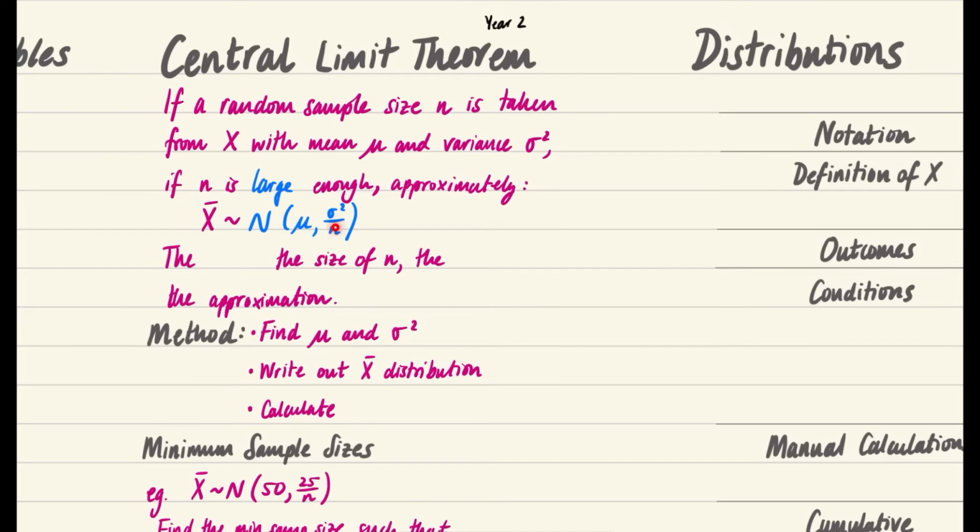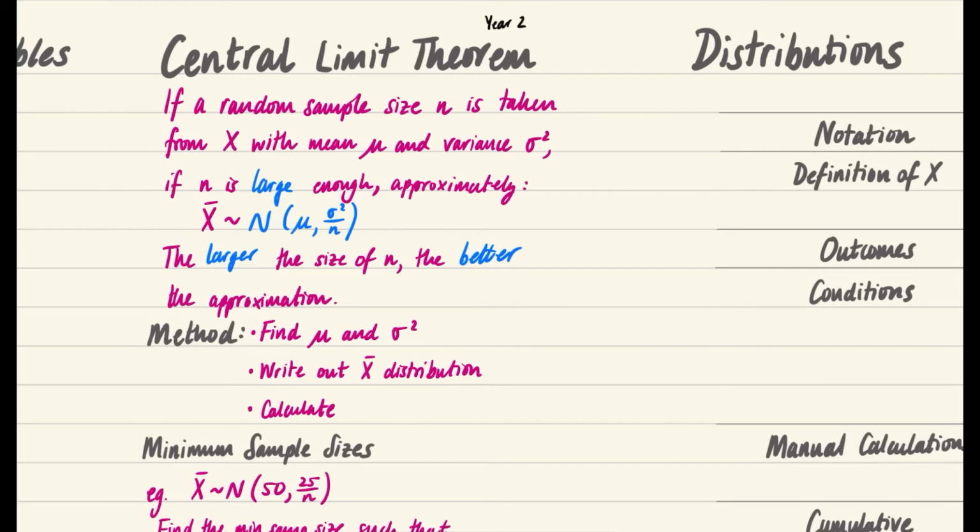So it's the same as what you'd expect for a normal distribution, but we're dividing by the sample size that is being taken. And the larger the size of n, the better the approximation.